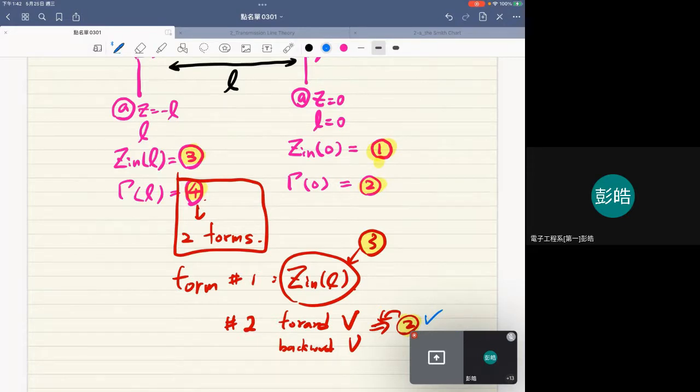So, okay, 石凯生. Yeah, Su Kai-sen, you also need to give me more information about this, the blue one.